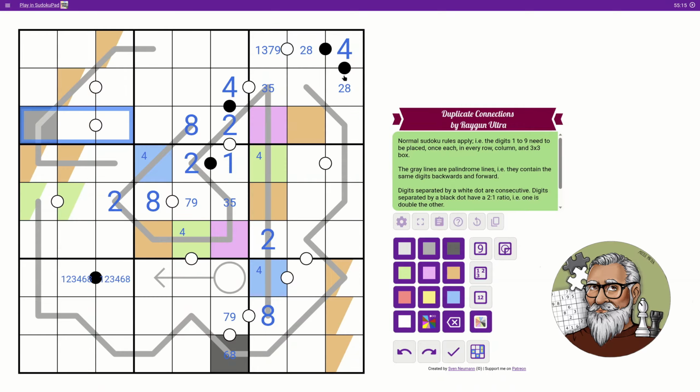But anything that yeah, 6. I don't have any 6 here. But one of these are 6. Yeah, okay. One of these are 6, which means that one of these are 6.